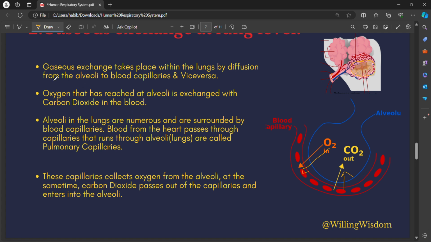Gaseous exchange takes place within the lungs by diffusion from the alveoli to blood capillaries and vice versa. So here diffusion is the process mainly occurring and leading to the exchange of gases. The air that enters into the lungs has a high concentration of oxygen compared to the concentration of oxygen in the blood capillaries.